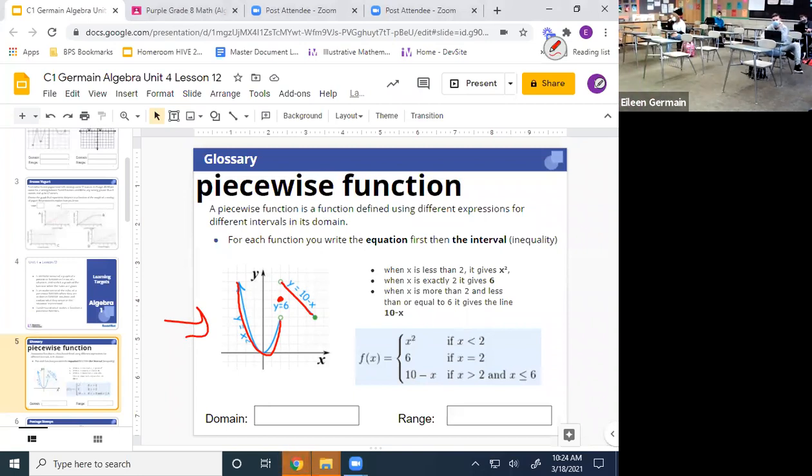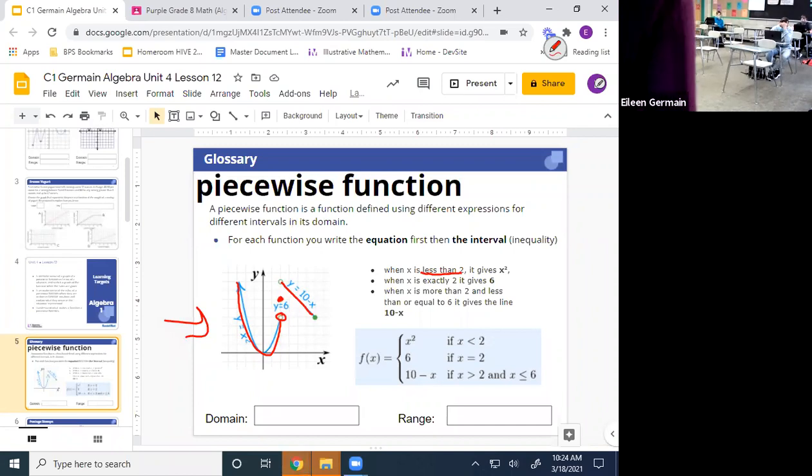So for every value less than 2, you're going to have this expression, this x squared. And it says less than, so it's going to be an open circle. Then when x is exactly 2, it gives you 6. So that's this closed dot at y equals 6.